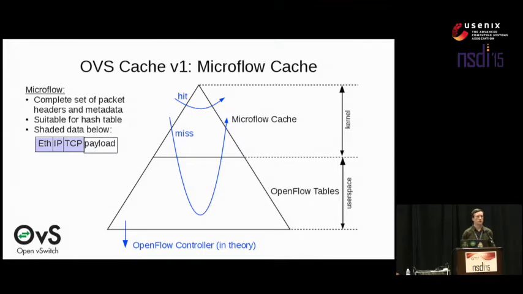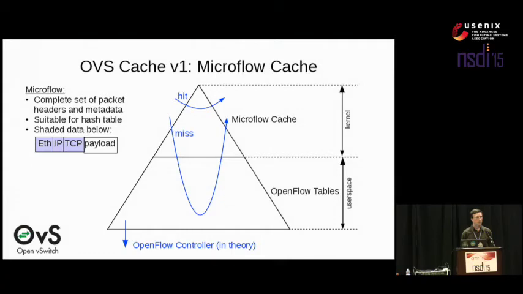Virtualization is a little different because the virtual switch is sharing the resources with the virtual machines. And so if you're spending CPU time on switching, then you can't spend that CPU time on getting things done in your virtual machines. So our first cache was very simple, based on the concept of microflows.